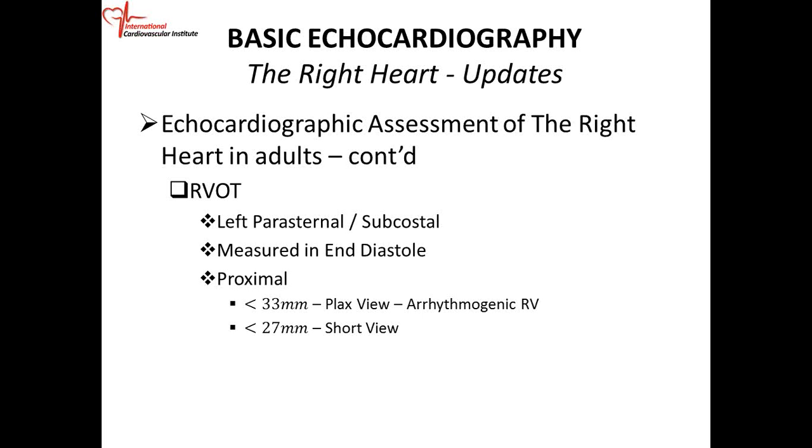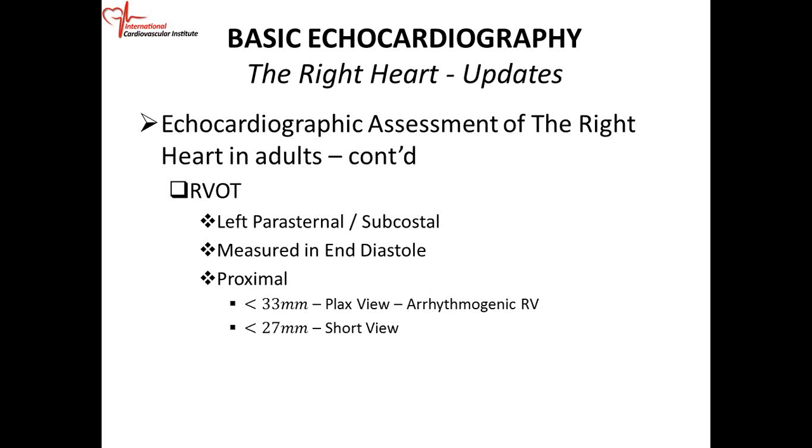You have to say what this measurement is, because if it's at the base in the apical four chamber view or the RV focus view, that's normal, because it's dilated if it's greater than 4.2. If it's at the mid level, then it's abnormal. If it's the proximal RVOT, then it's also abnormal. So you have to say exactly what the measurement you're putting down is. You can't just say the RV is whatever.